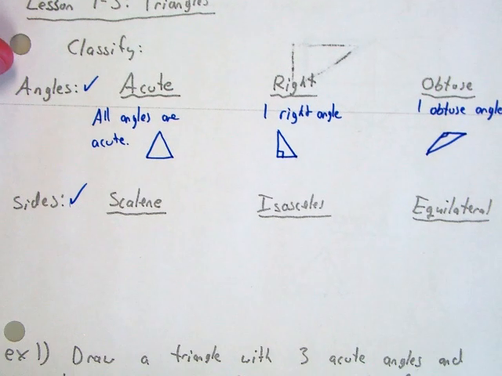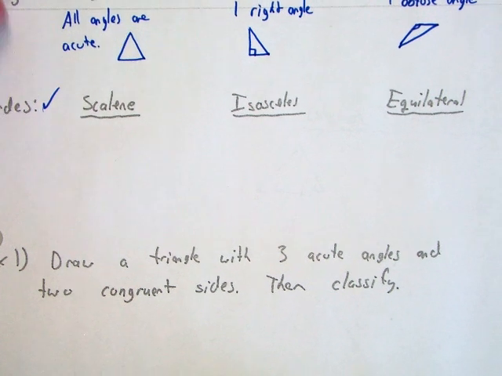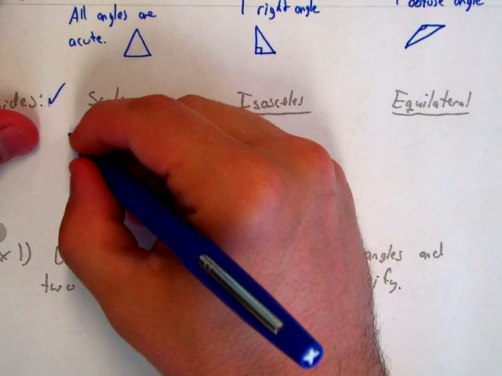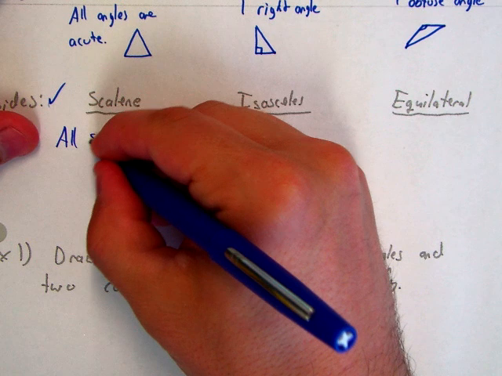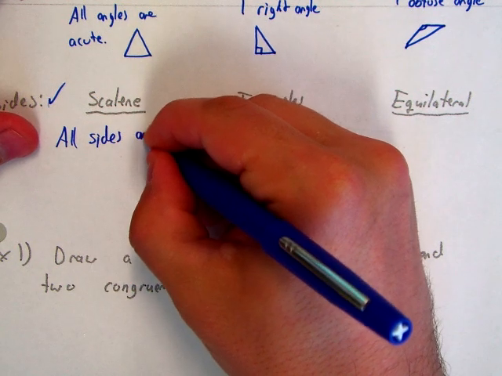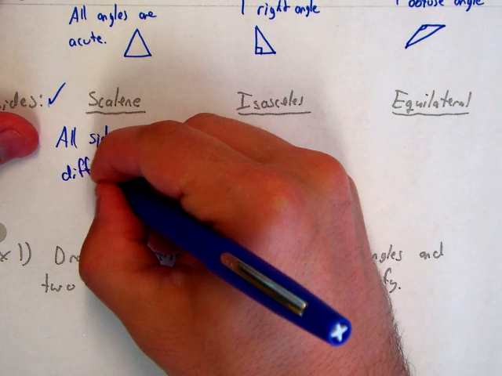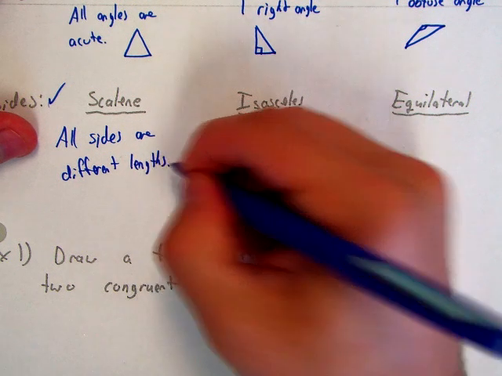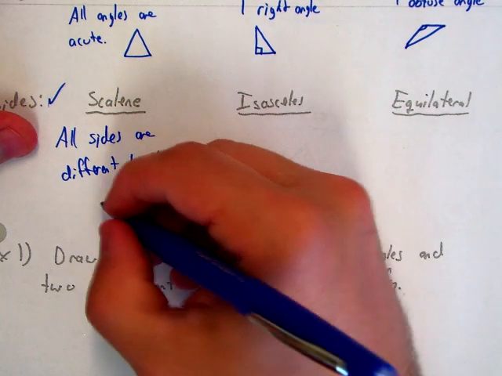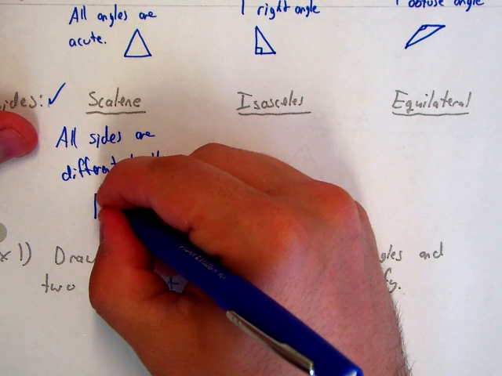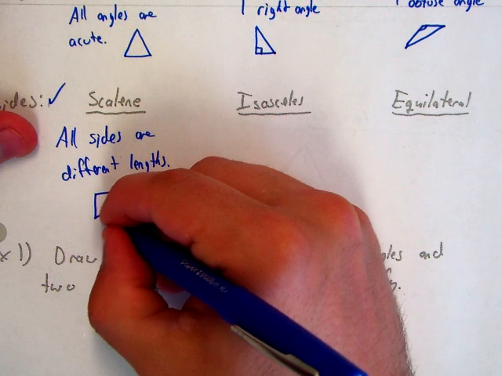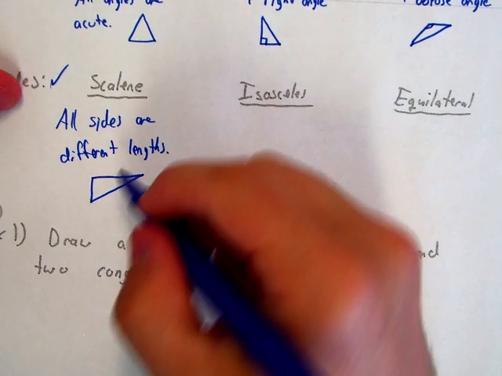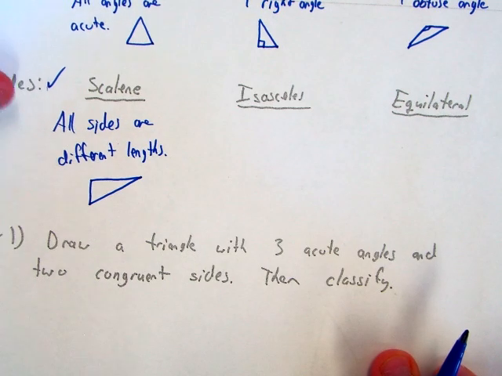Now, when we look at sides, a scalene triangle would be all sides are different lengths. Which means you could have something like this. Where all three of these sides are different length.